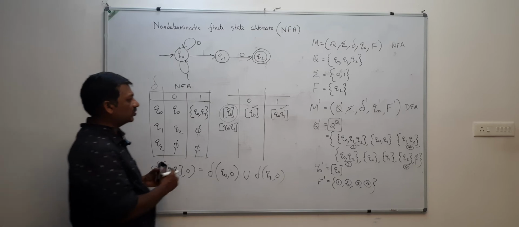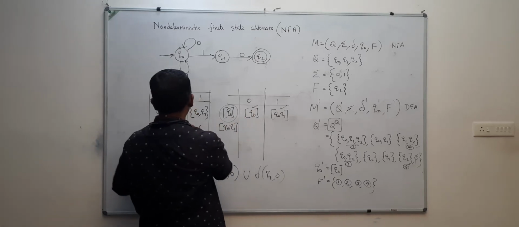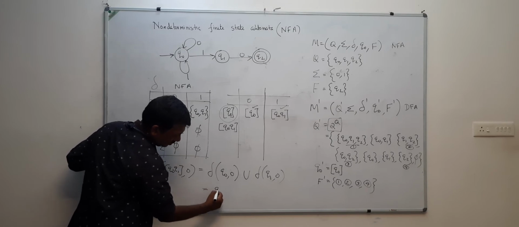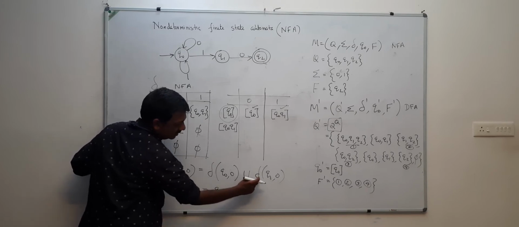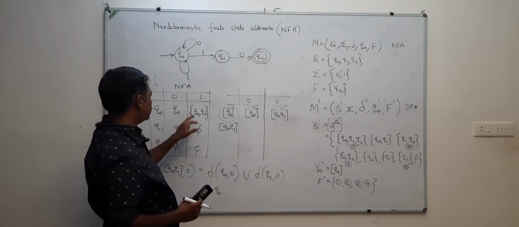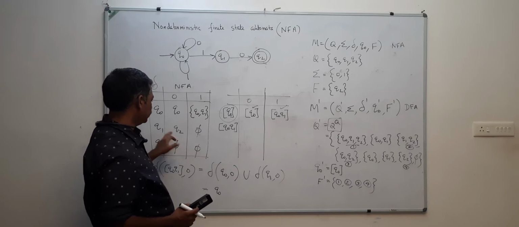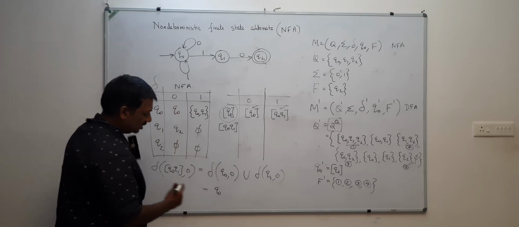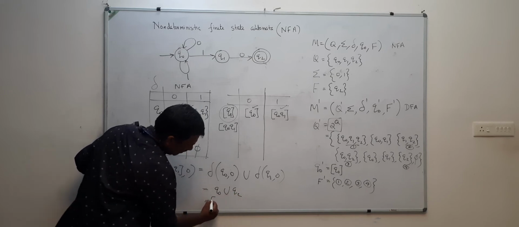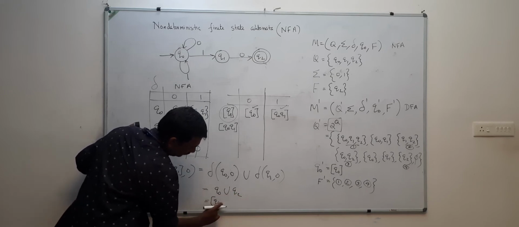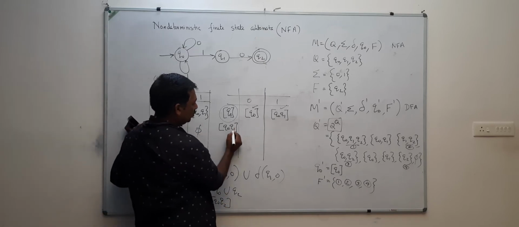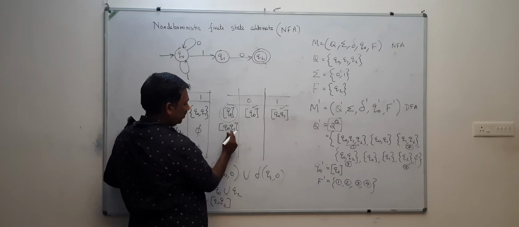What is Q0 on 0? Q0 on 0 is Q0. And what is delta of Q1 on 0? Q1 on 0 is Q2. That means Q0 union Q2, which is represented by [Q0, Q2].